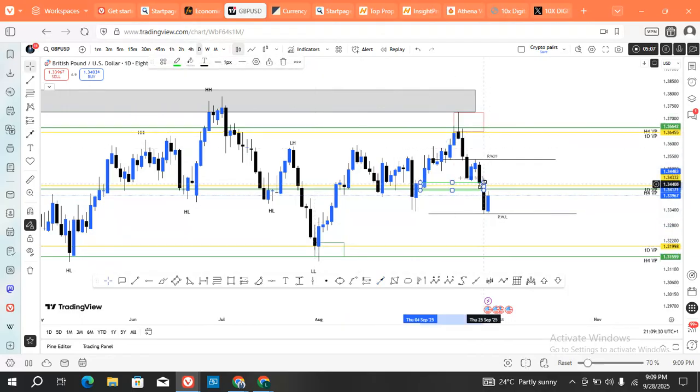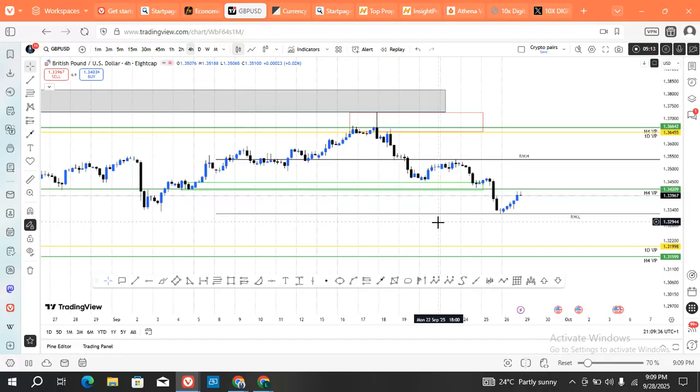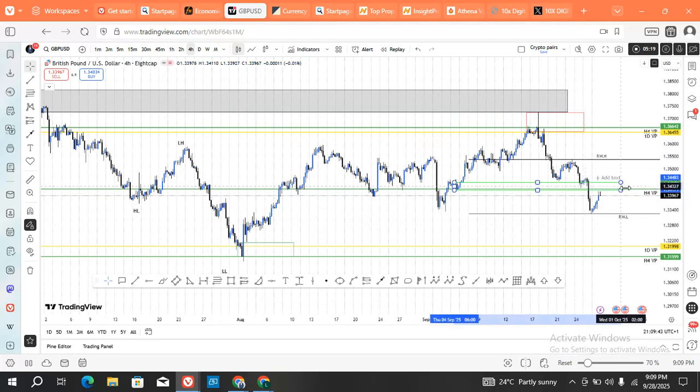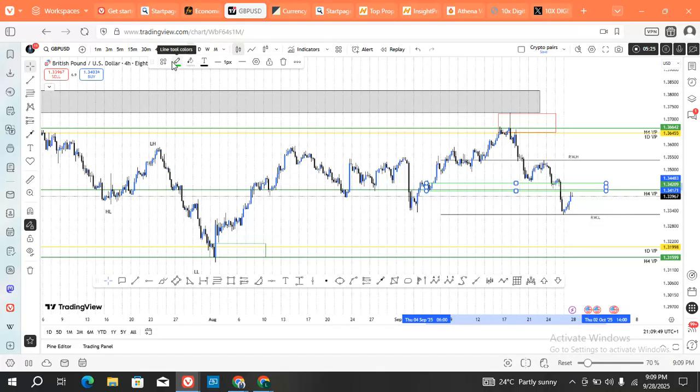Then this daily demand is not valid anymore. Then we go to the 4 hours time frame. Then on the 4 hours time frame, we update the 4 hours demand. This is now going to be more like a reoptimization zone over here. Let me label that neutral.